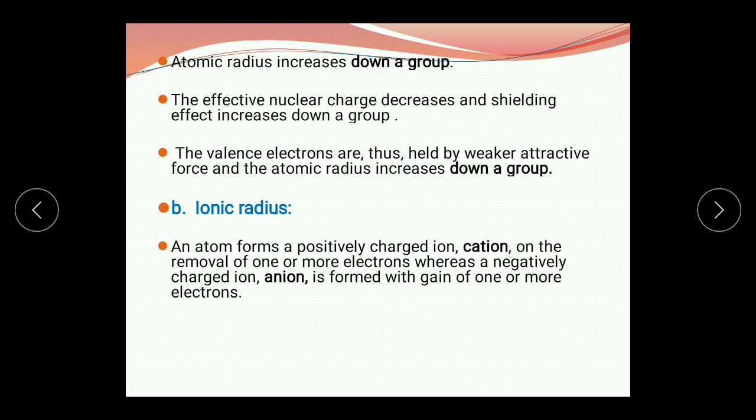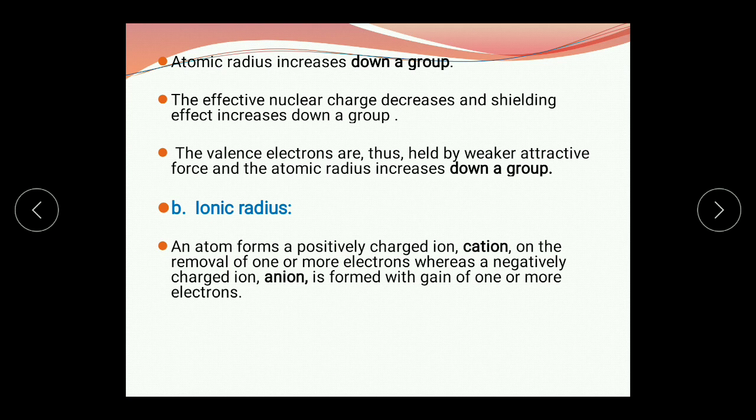A positively charged atom is called a cation, and a negatively charged one is called an anion. An atom forms a positively charged ion on the removal of one or more electrons, whereas a negatively charged ion, that is an anion, is formed with the gain of one or more electrons.